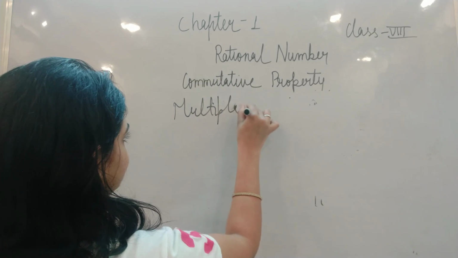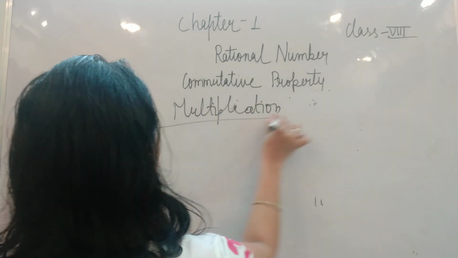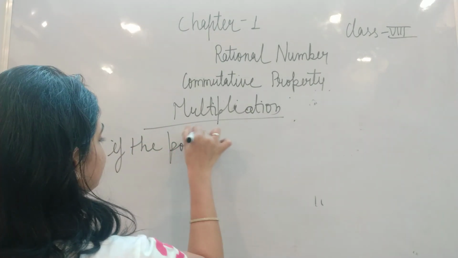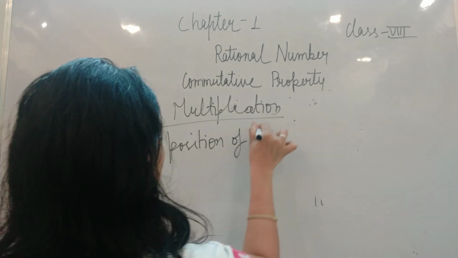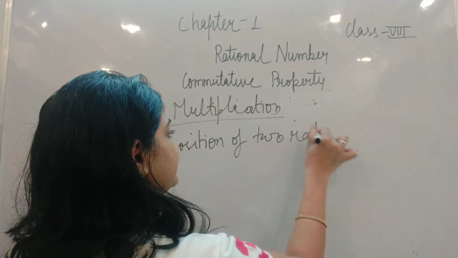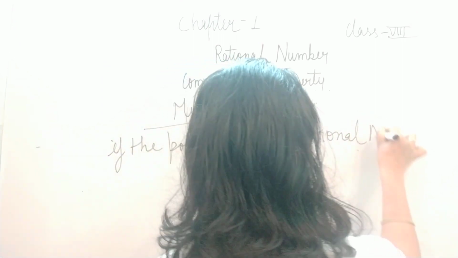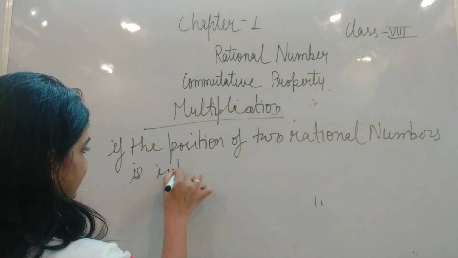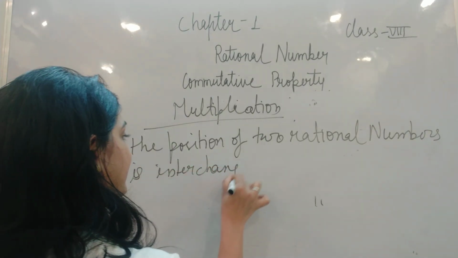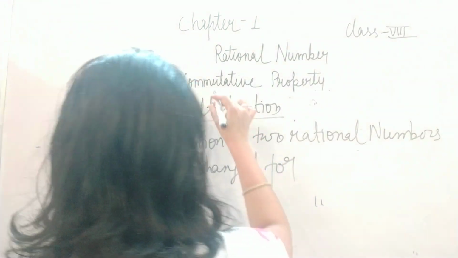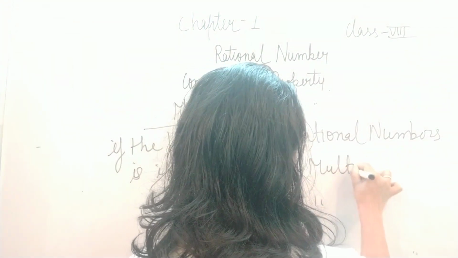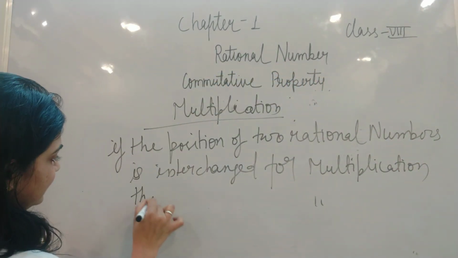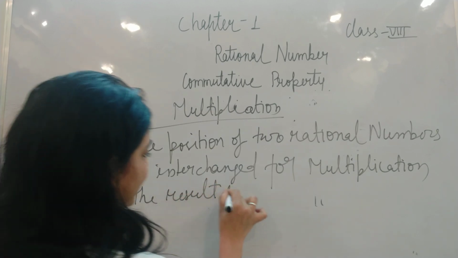Multiplication: if the position of two rational numbers is interchanged for multiplication, the result remains the same.